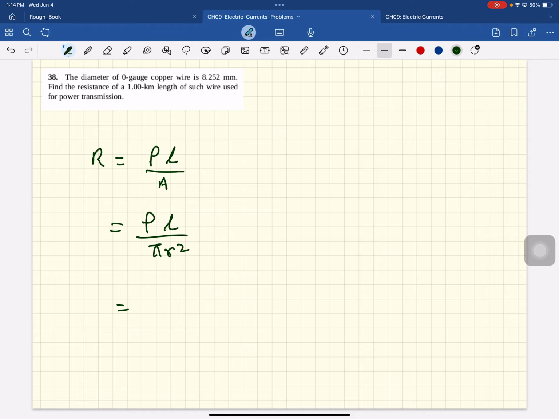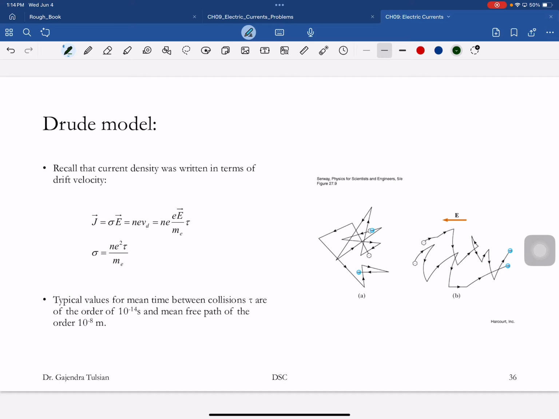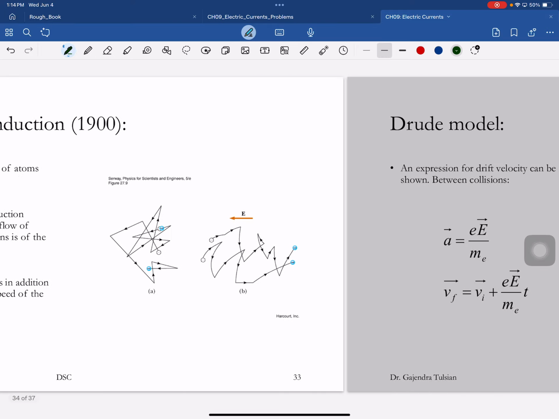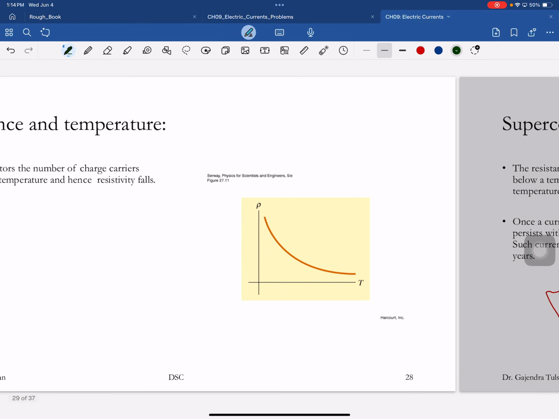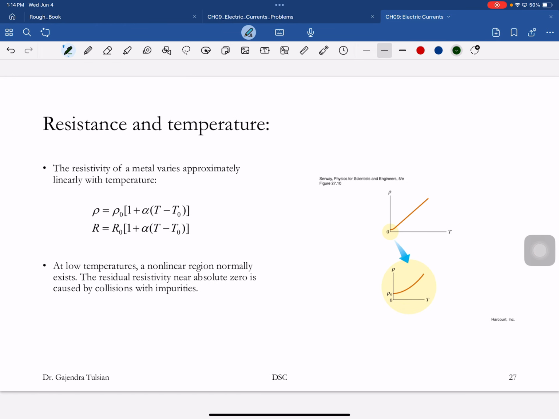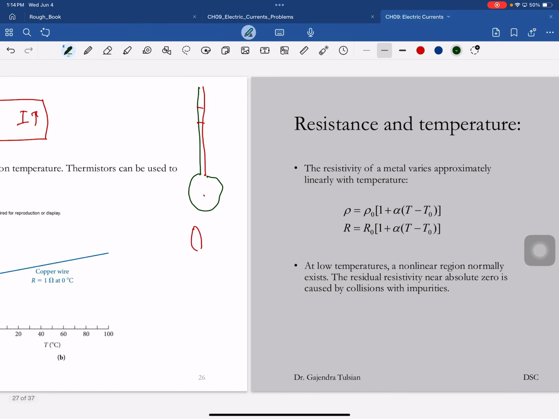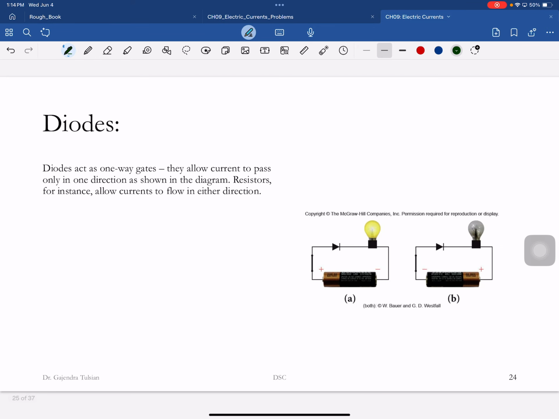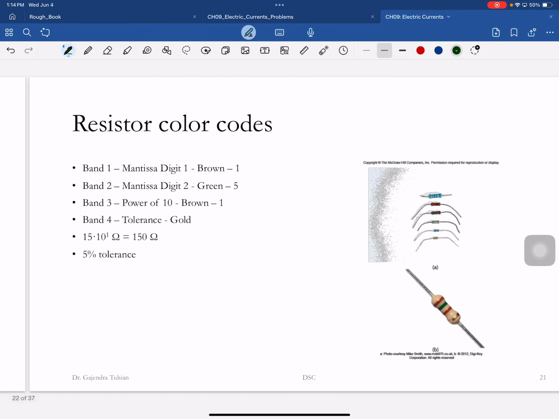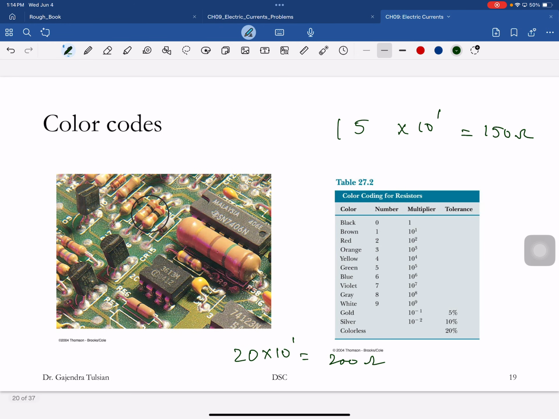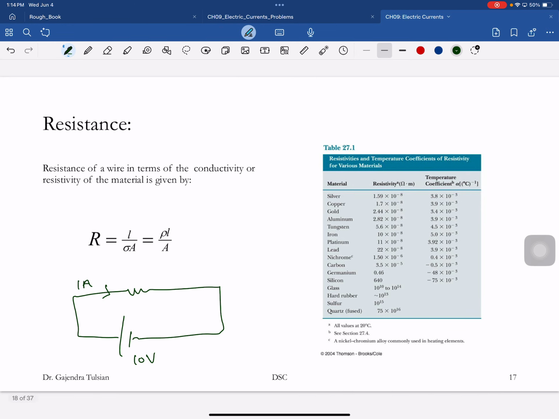Okay. Let's look up the resistivity of copper. Copper is 1.7 times 10 to the minus 8 ohm meter.